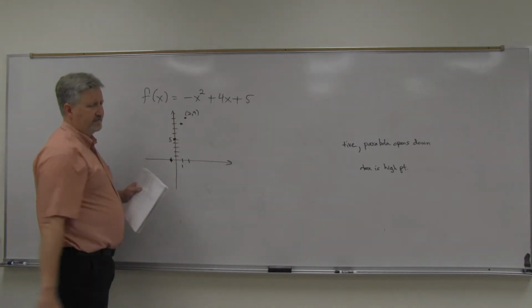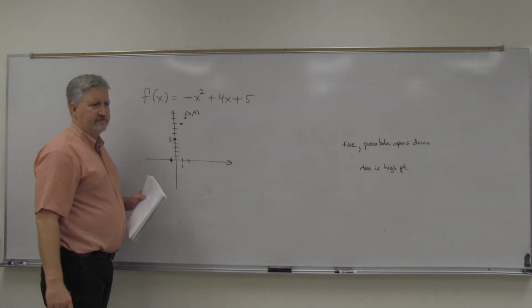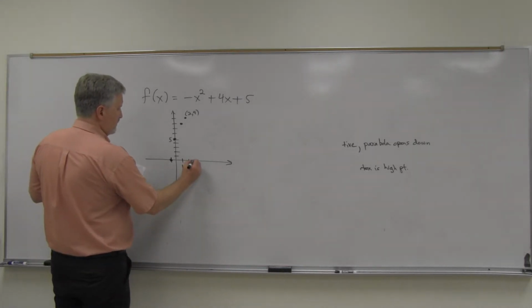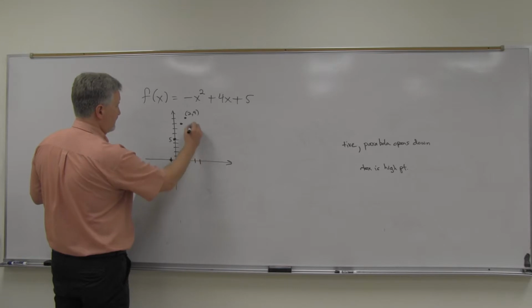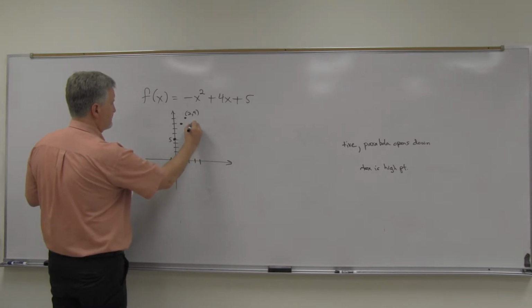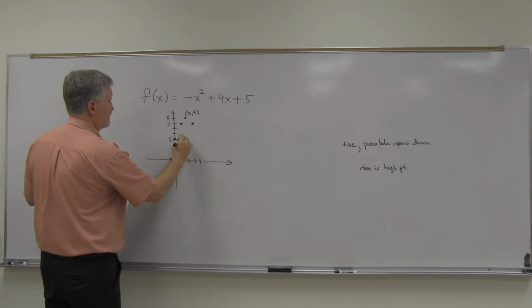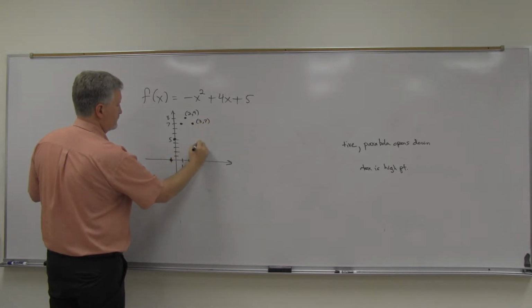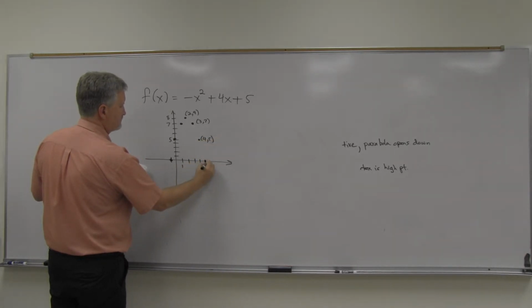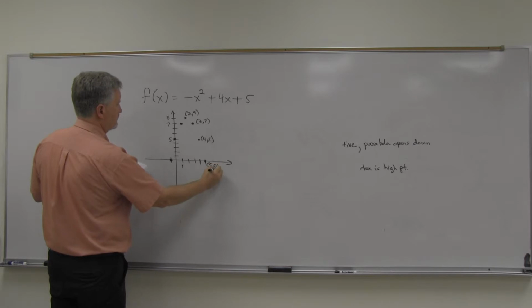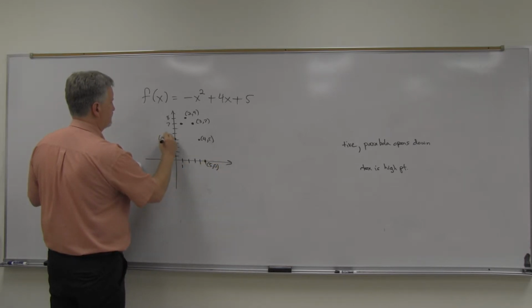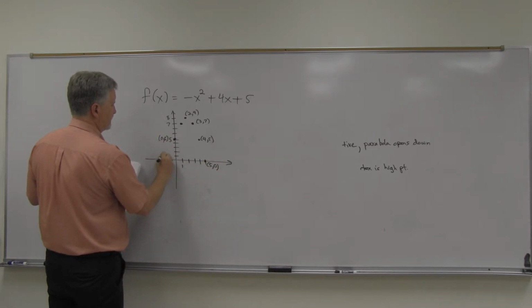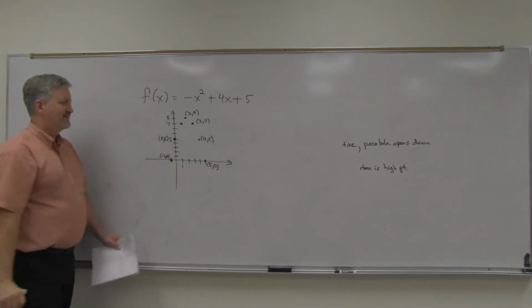And like I said, you won't have to figure these out. I'm just showing you what they are for a point here. 3 we're also at, that's 7. 3, 7. And I have 4, 5. And then last one I'll do is 5, 0. Figure those out if you want to, but I'm just telling you what they are.